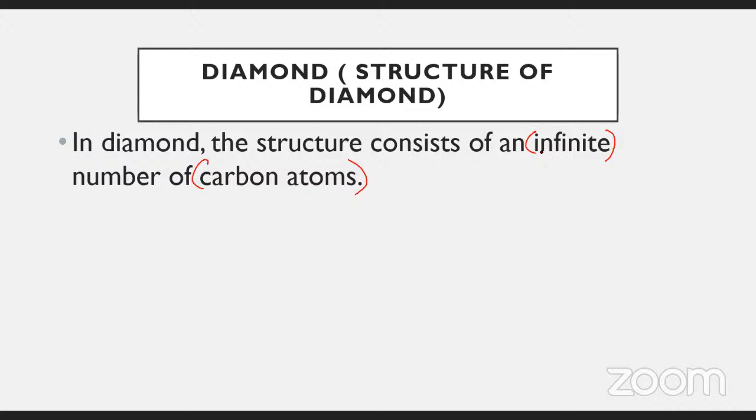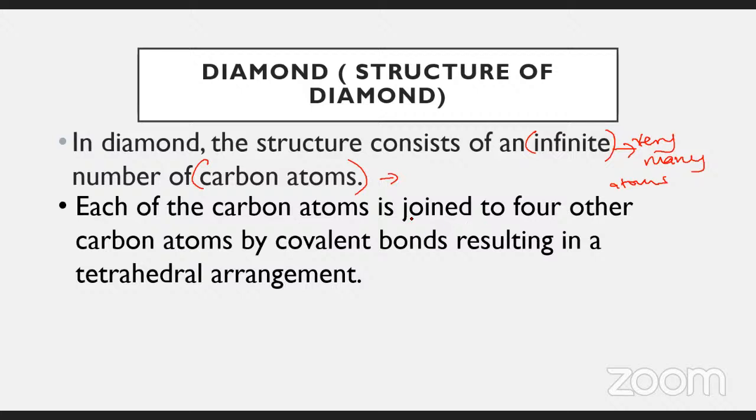We move on. When we say infinite here, we mean very many. In diamond, the structure consists of very many carbon atoms. That is how we can simplify this.